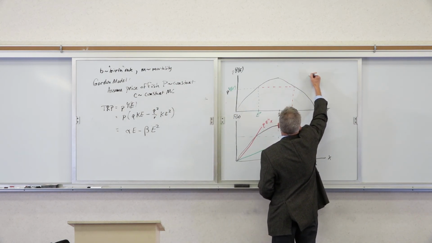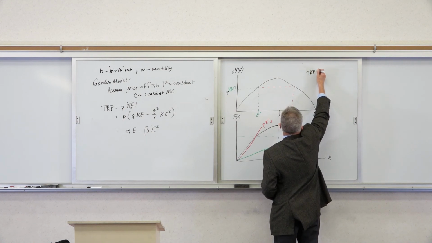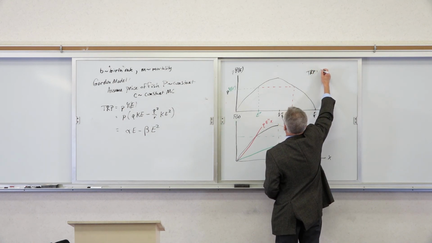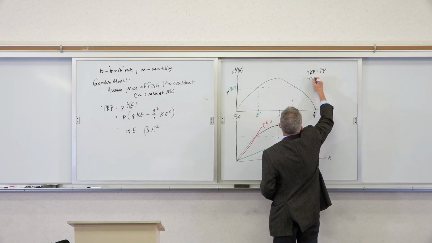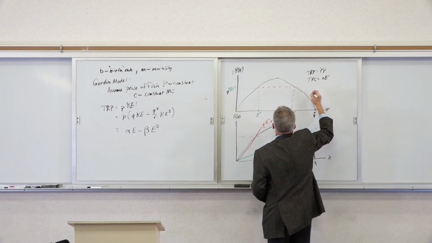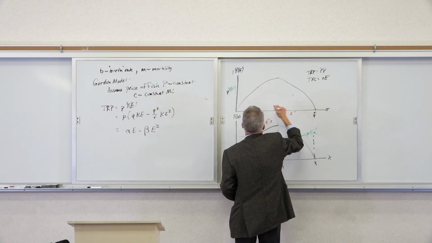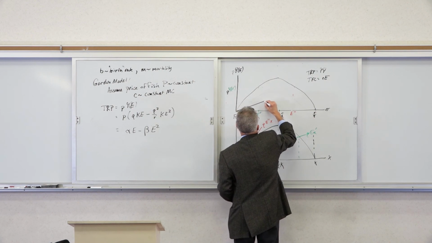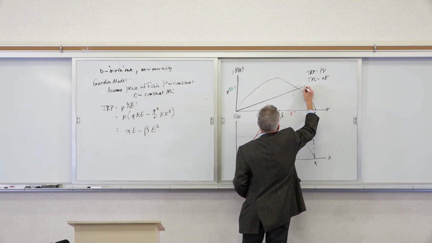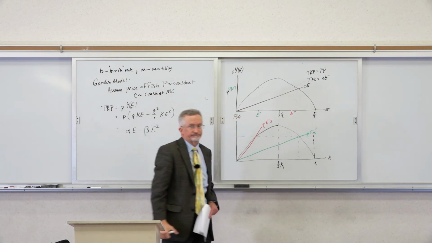Okay. Total revenue product equals PY. And total factor cost is equal to CE. So let's get this out of there for a minute. Right? Right?